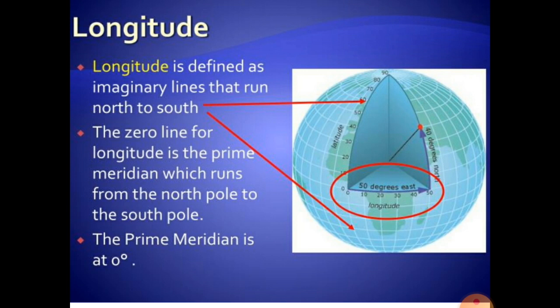One thing you should observe is that all the longitudes move from north pole to south pole, but none of them are parallel to each other. Whereas latitudes, as we have seen, are always parallel to each other, longitudes are half circles and hence they are not at all parallel.